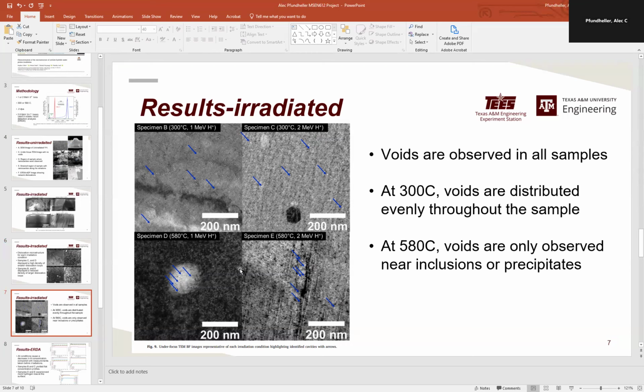So the swelling rate at this higher temperature might be lower than at 300 C. If that's true, that'd be very good news for yttrium hydride use in nuclear reactors. Unfortunately, in this paper, they didn't have time to do any detailed analysis of dislocation densities and sizes and void densities and sizes, so more work on this is needed.